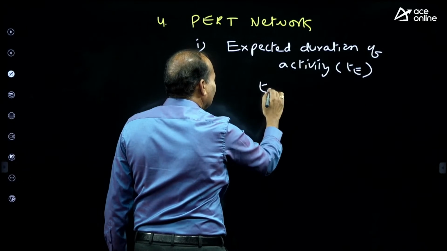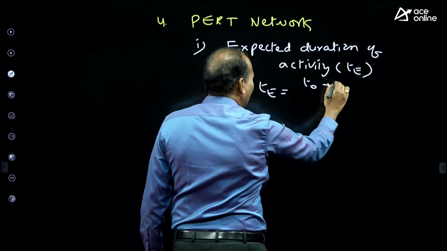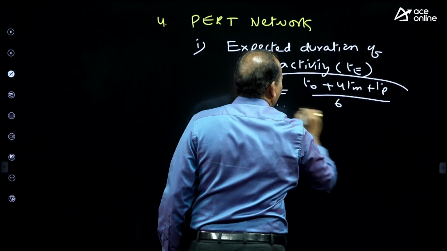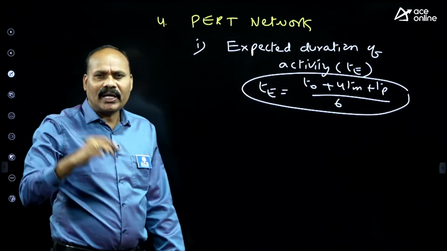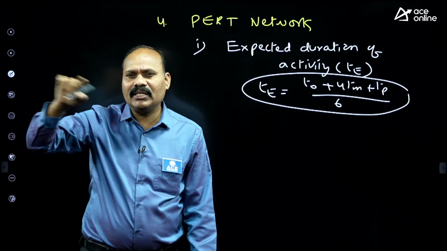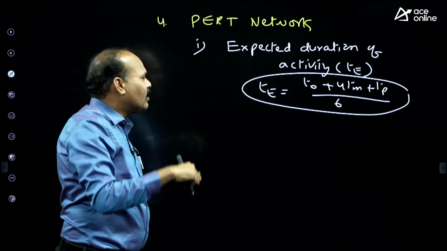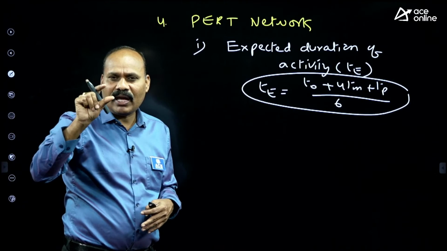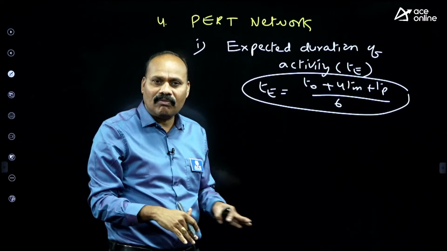Here the formula is (To + 4Tm + Tp) / 6. It's a very, very important formula. If you remember this formula, enough. In the ESE paper, directly the question could be what is the TE formula. In GATE, a numerical is given to you, and that numerical will have 3 values. Those 3 values are to be converted into a single value.